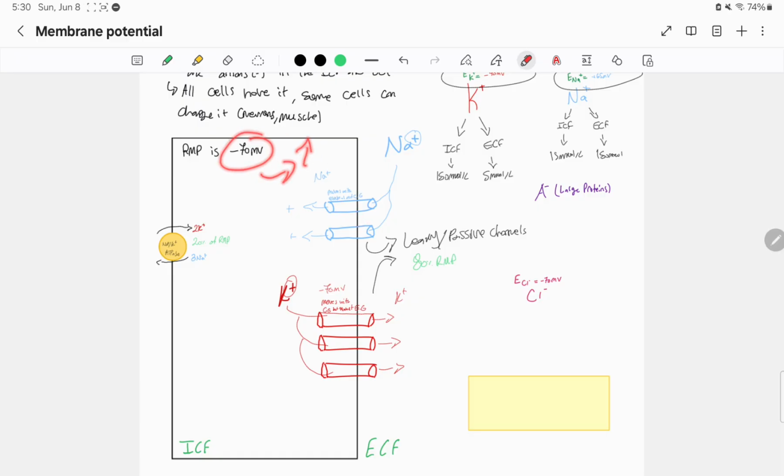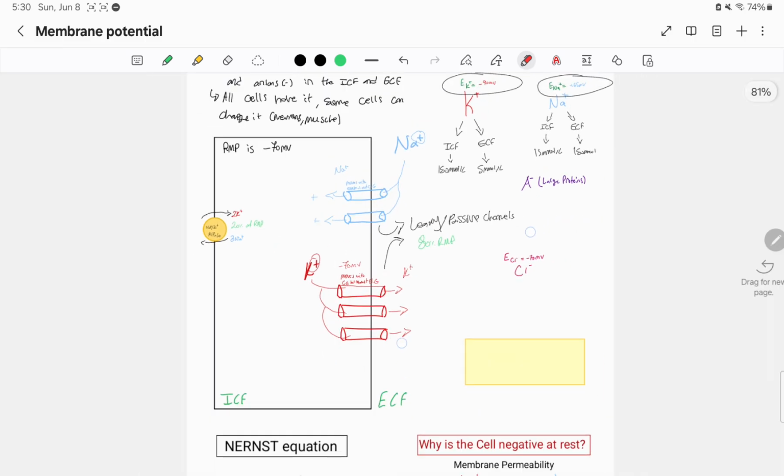No, it wouldn't, because any of that sodium that comes in will get removed immediately by that sodium-potassium ATPase, and we will bring potassium in, which will then go back out. And then that potassium that went back out will then come back in using this. It's just a constant cycle that keeps occurring, which maintains the resting membrane potential at a very steady state.